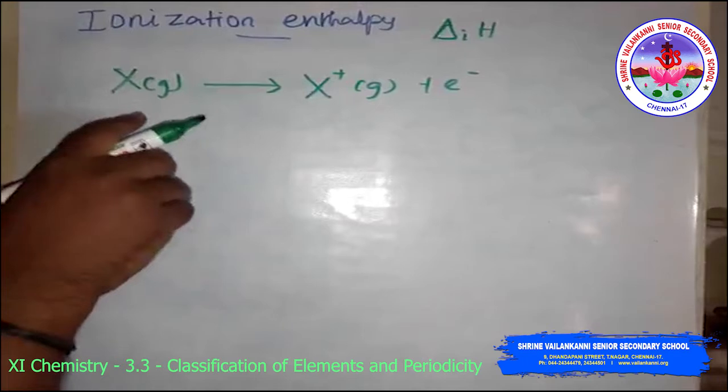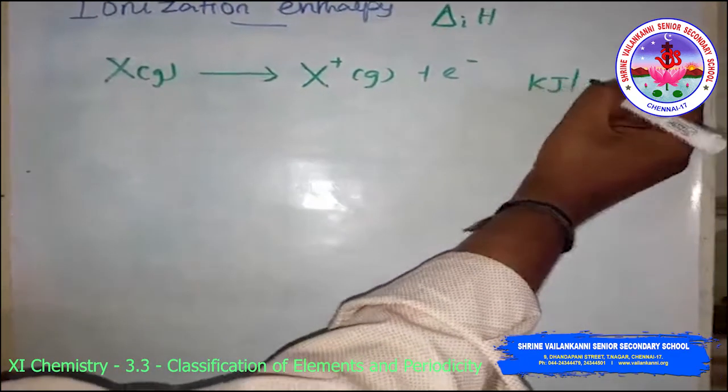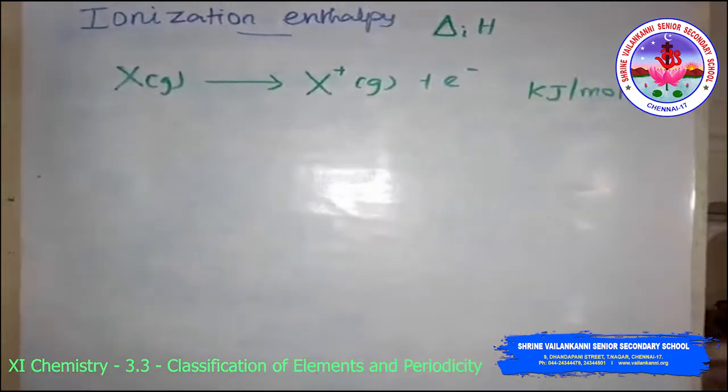The ionization enthalpy is usually expressed in kilojoules per mole.